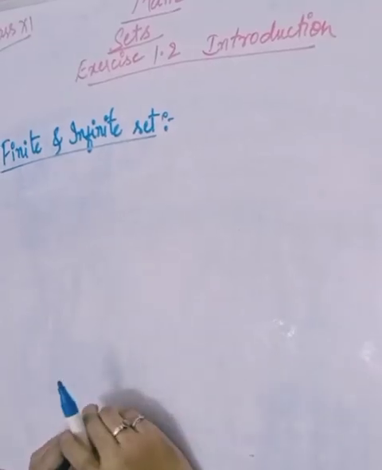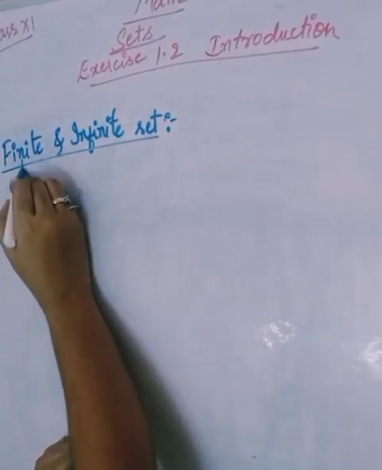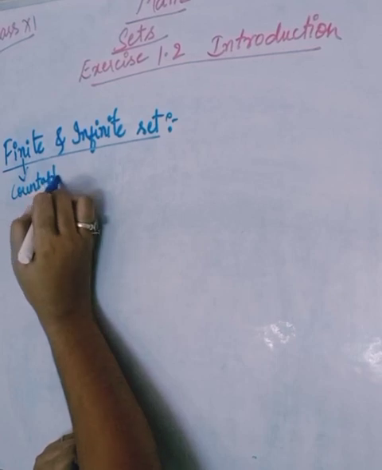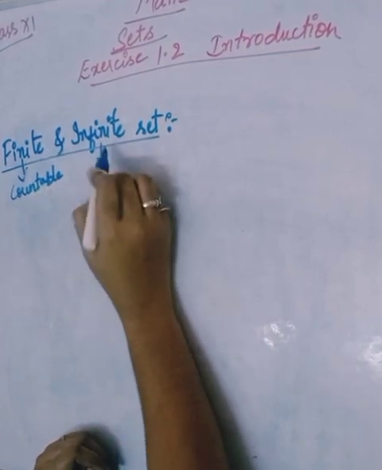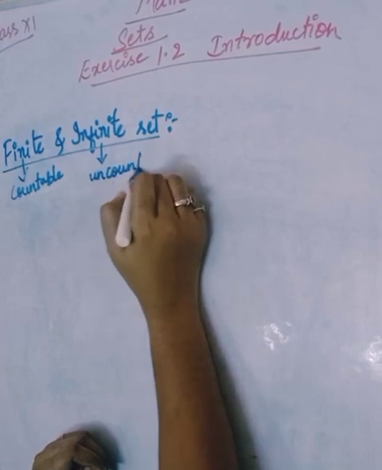So next definition, finite and infinite set. Finite means countable. Infinite means uncountable. That means till infinity it will exist. So that's what we call an infinite set.